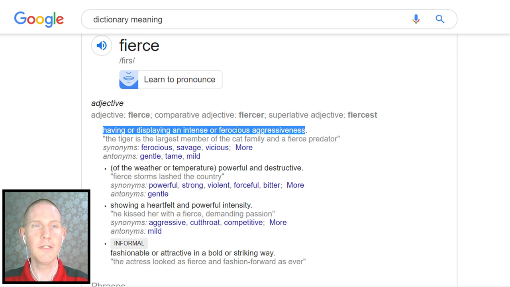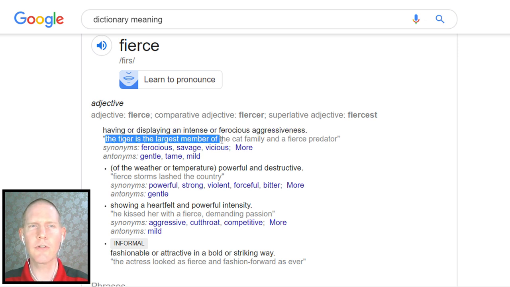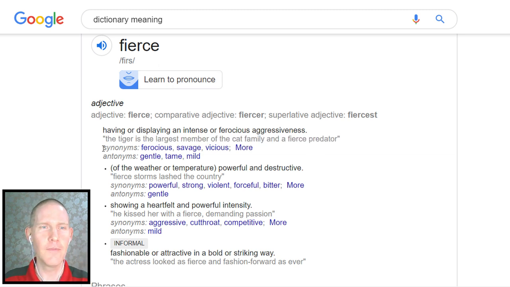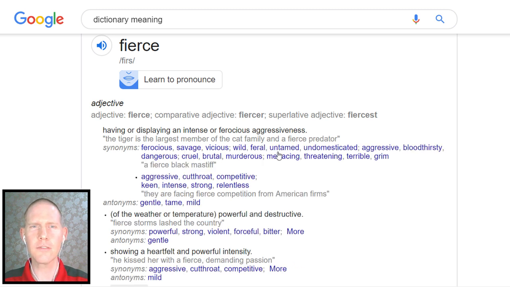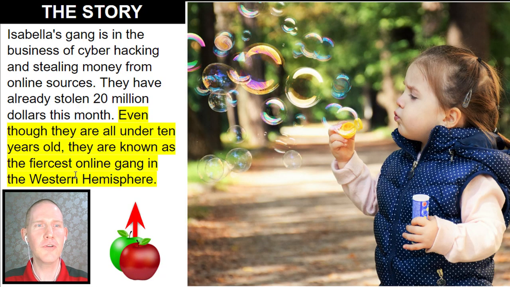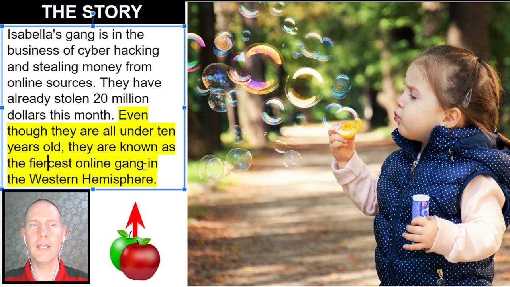All right. So here we go. The tiger is the largest member of the cat family and a fierce predator. So a very aggressive predator. Okay, so fierce, right? Ferocious, savage, vicious, wild, untamed. Okay, so here we go. So they are the fiercest online gang.